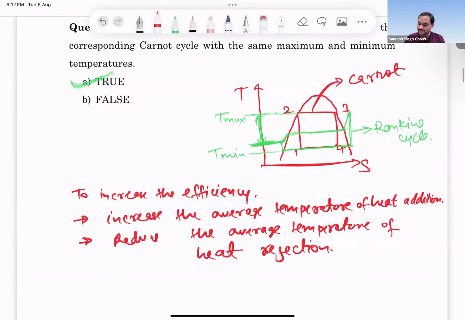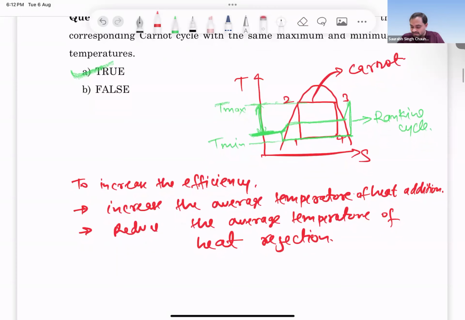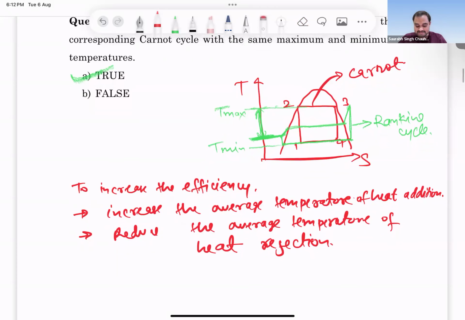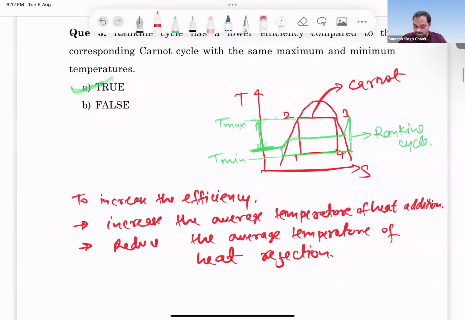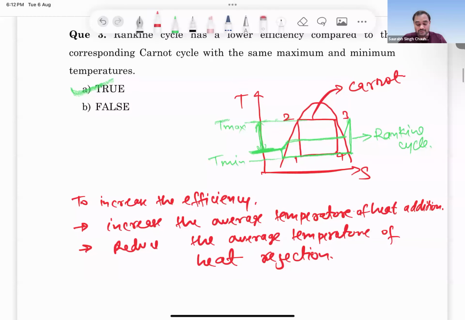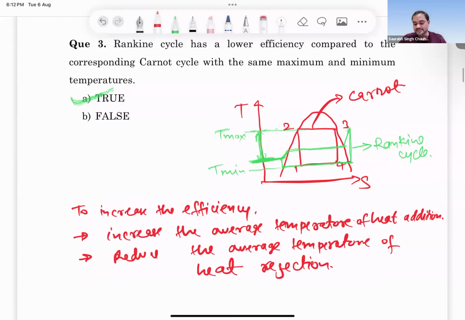So in Rankine cycle, average temperature of heat addition is less as compared to average temperature of heat addition in Carnot cycle. So for this reason, the efficiency is lowered. If this is clear, then we will move to the next question.